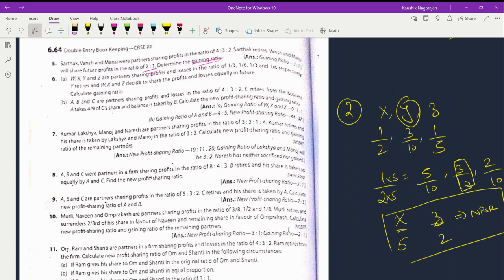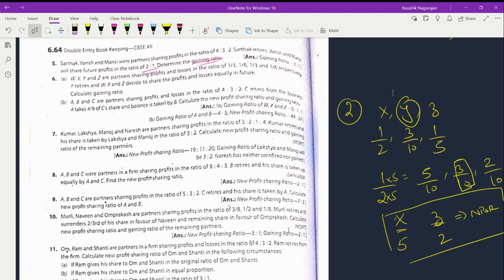Now moving on to problem number 8. A, B, and C were partners in a firm sharing the profits and losses in the ratio of 8 is to 4 is to 3.